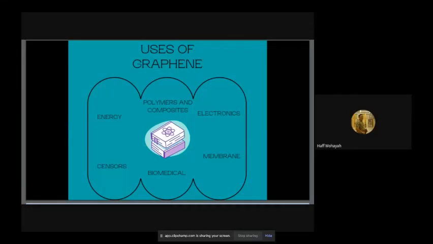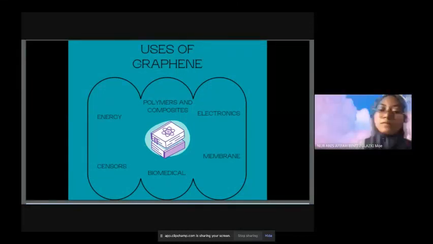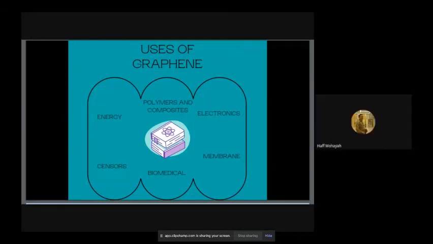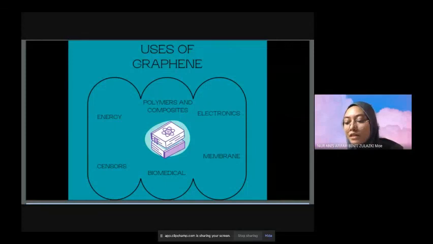Next is, we need a high surface area. In biomedical, we focus on tissue engineering, where we make a synthetic tissue. And the last one is membrane, water filtration, separate water from gaseous mixture. I think that's all from us. Thank you.